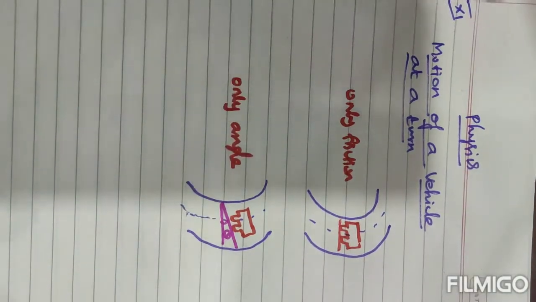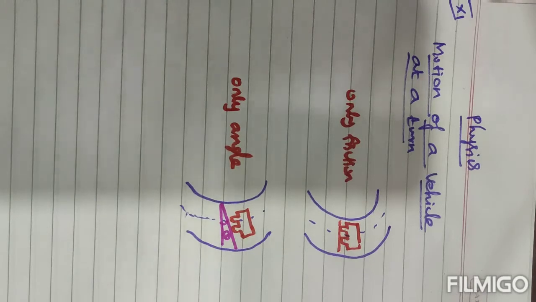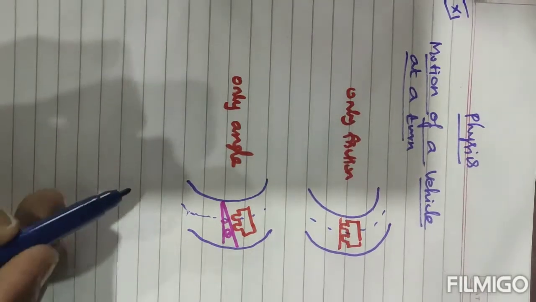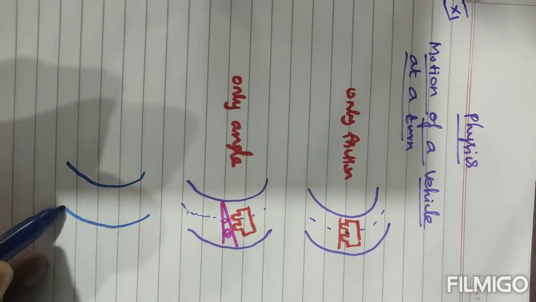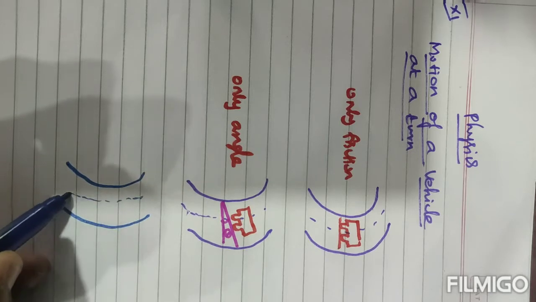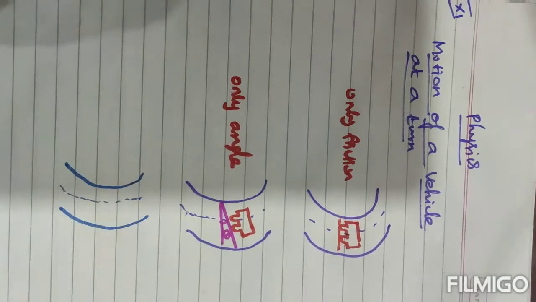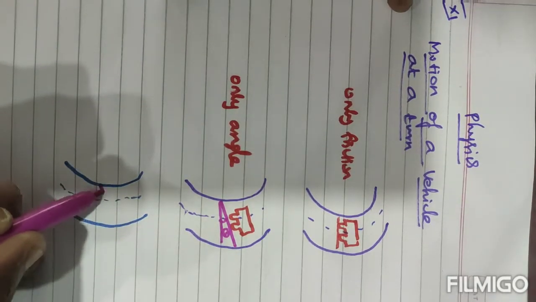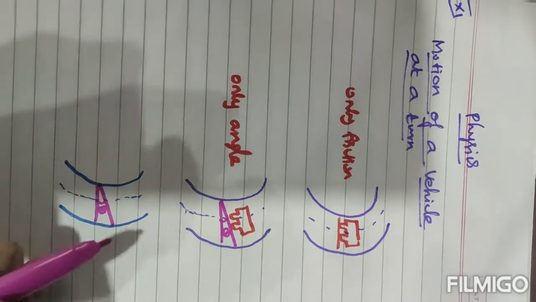Now let's consider one more example, the third example. I consider the same type of road, but here it has both angle as well as friction. Here it is making some angle theta.